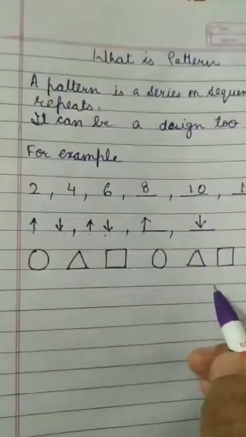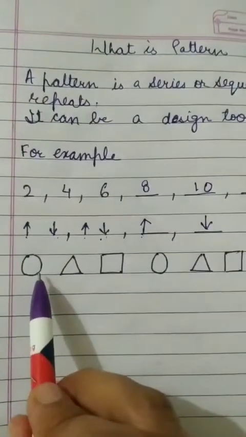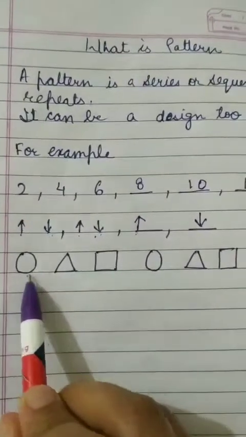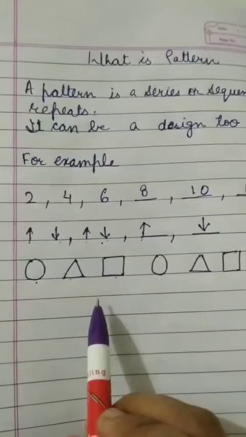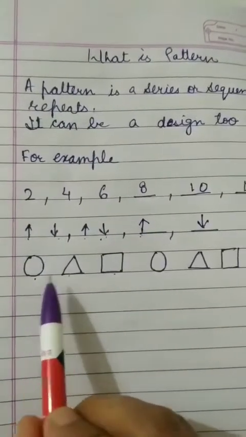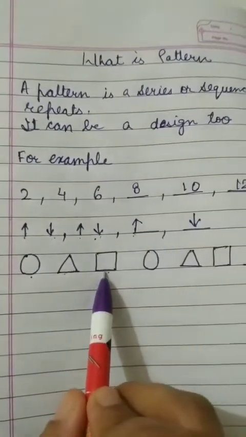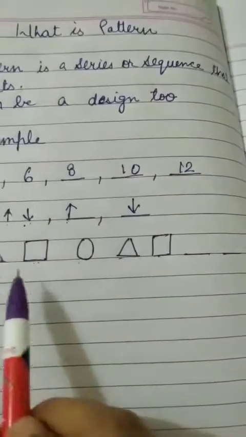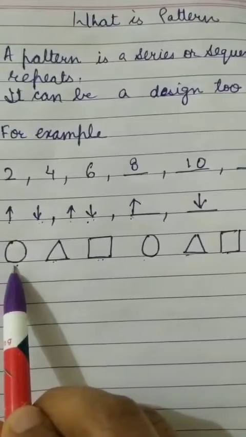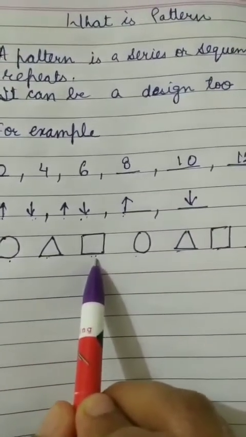Now here geometrical shapes are there. Here you see the first one is circle, then triangle, then square. It was in class 1 also. Now see, circle, triangle, square. These are the 3 geometrical figures which are repeating.